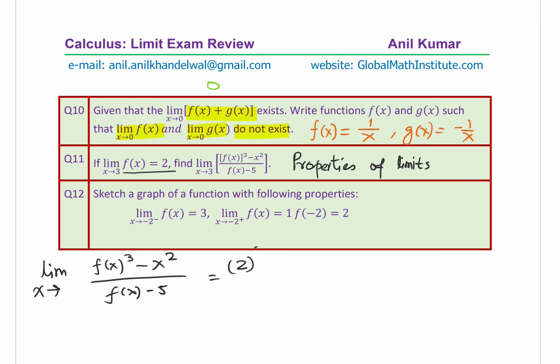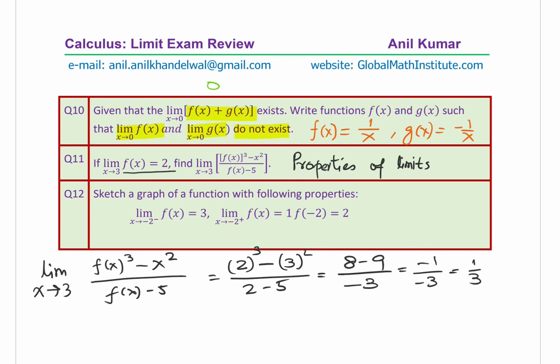So we get 2 cube here and x is approaching 3, correct? So we'll replace x with 3. So we get 3 square here divided by f of x, which is 2, minus 5. So this is 8 minus 9 over 2 minus 5, which is minus 3. And so we have minus 1 over minus 3, or 1 over 3, as our answer. So the answer here is 1 over 3. Correct?